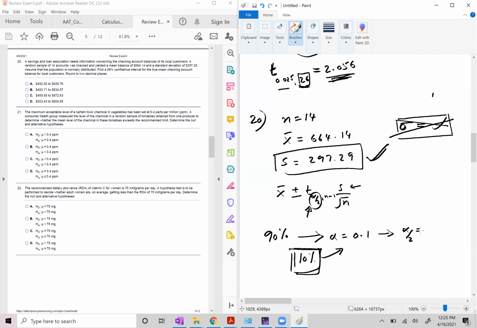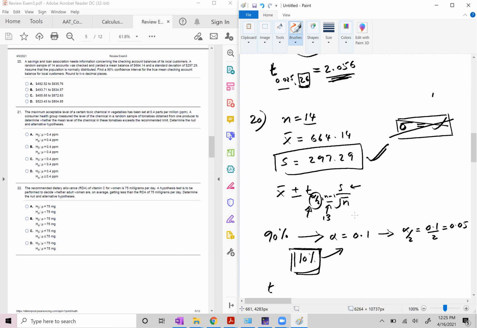So let's calculate alpha over 2. You simply divide 0.1 by 2, and you will get 0.05. And the degrees of freedom is very easy. It's going to be 13, because it's the sample size minus 1. Now let's look in the t table.